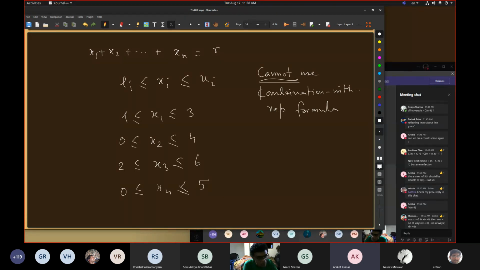So that is what is called generating functions. We will study that later. But you cannot use the combination with repetition formula straight away. I think without generating functions it is difficult.